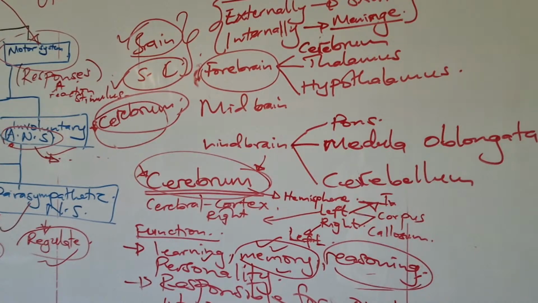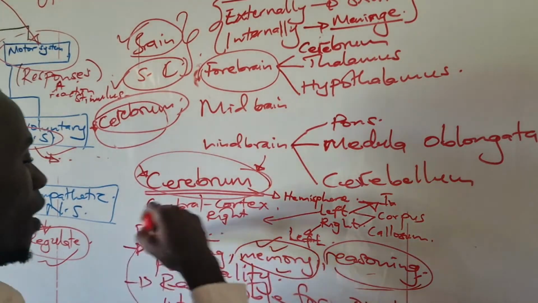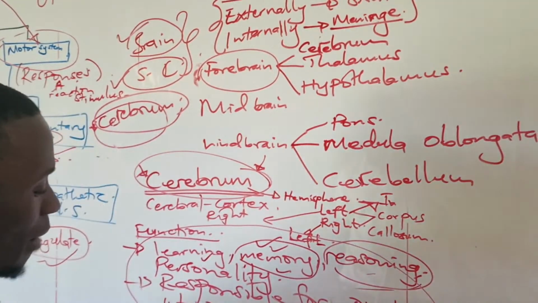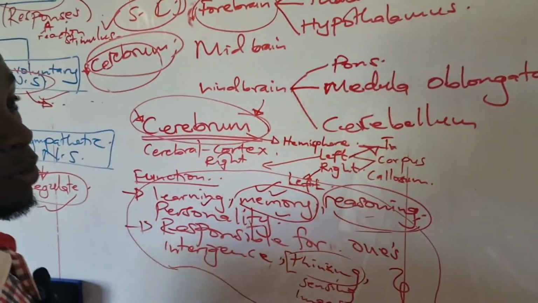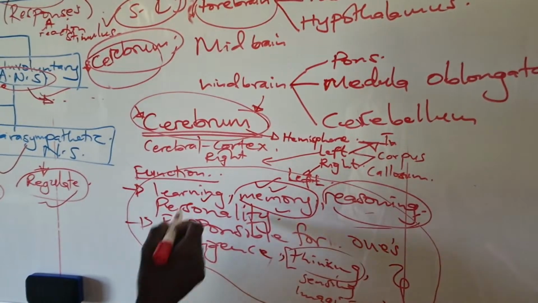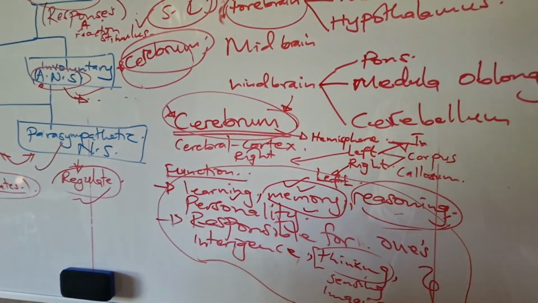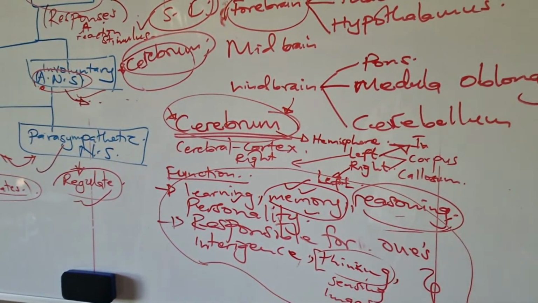So the response should talk about the functions of the cerebrum, but in an opposite way. This person will not be able to learn. The person will not be able to remember anything because the memory has been damaged.